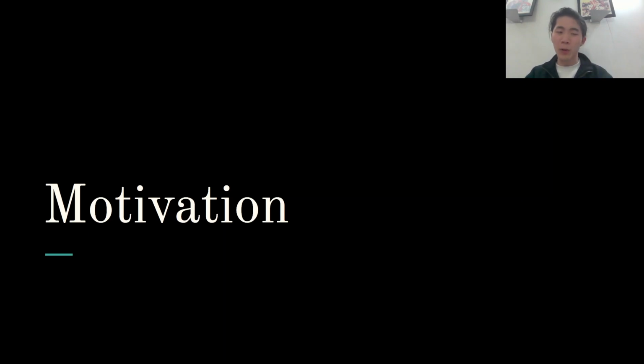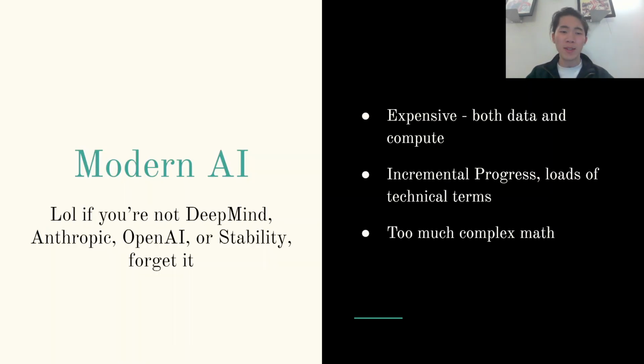So, a little bit about the motivations of why I'm doing this. I think there's a funny thing in modern AI where if you're not in a big AI lab, like DeepMind, Anthropic, OpenAI, Stability, or Adept, you might as well just forget it. Because AI is very expensive, both in terms of data and compute.